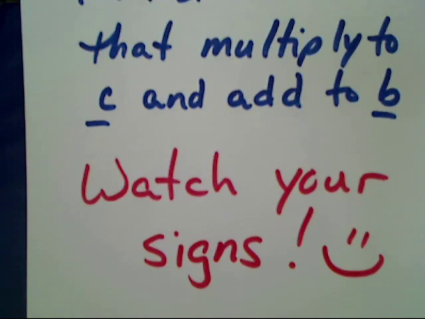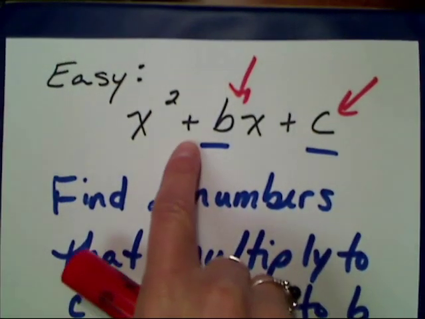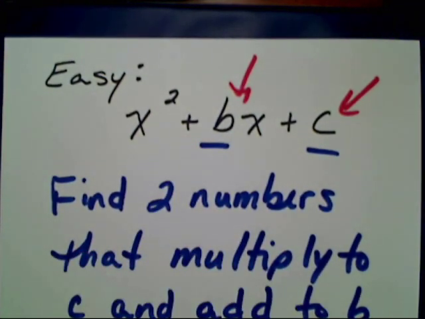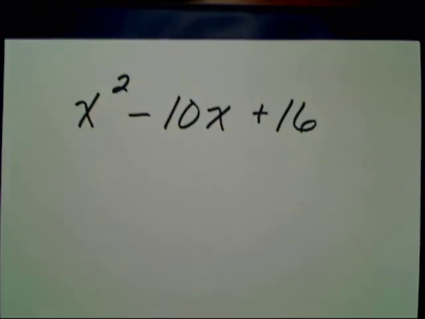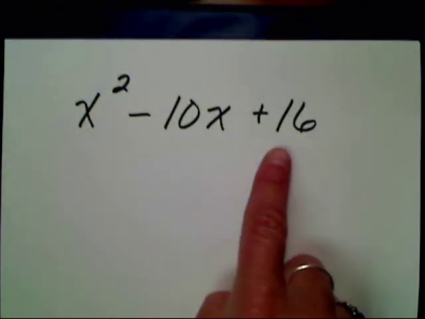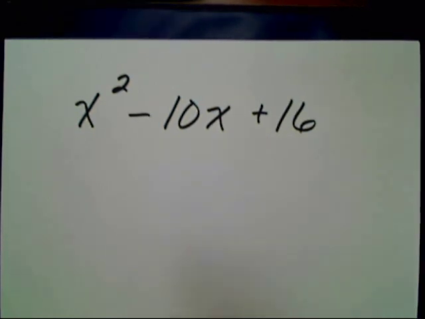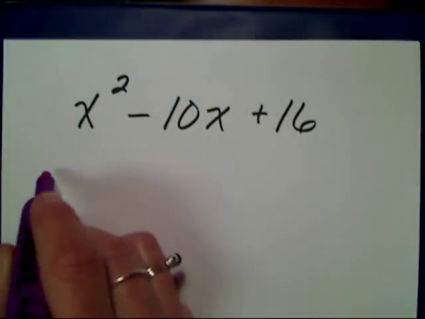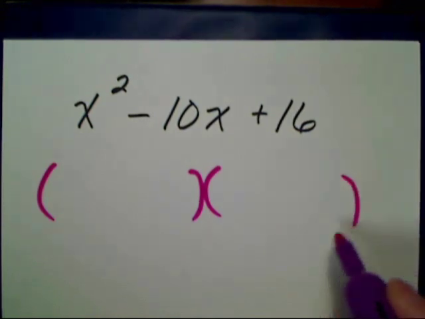If c is positive, then both signs will match what b is. Let me say that one more time. If c, the constant at the end, is positive, then both signs in your parentheses will follow b.